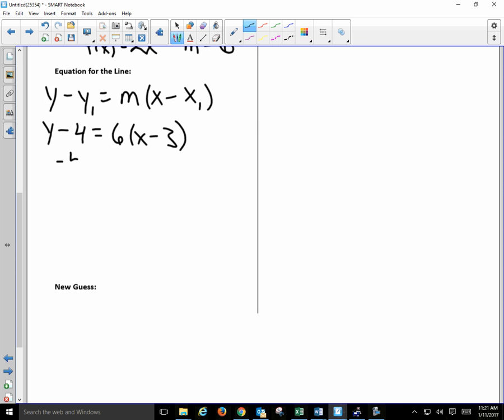So our equation becomes negative 4 is equal to 6 times x minus 3. I will divide by the 6. Negative 4 over 6 is equal to x minus 3. And then I add the 3, and I get 3 minus 4 over 6 is equal to x.